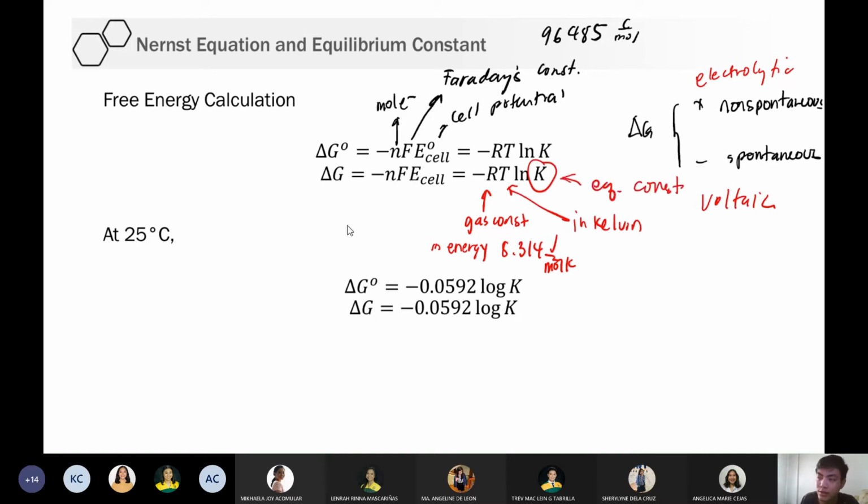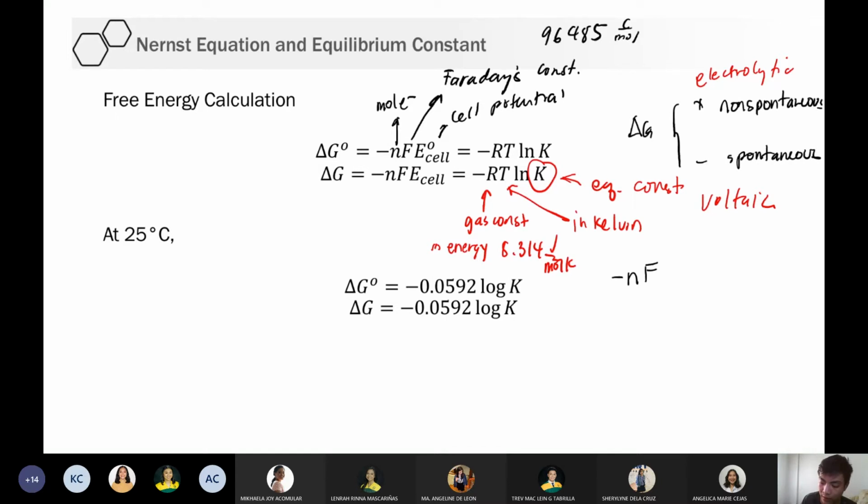Okay? So, dalawa yung equation ng delta G. Either ito or ito. So, for electrochemical cell, if you want to solve for the K, you can equate the two equations. No? Pwede ito equal yan dito kasi they are both equal to delta G. Okay? So, let me combine those two equations.